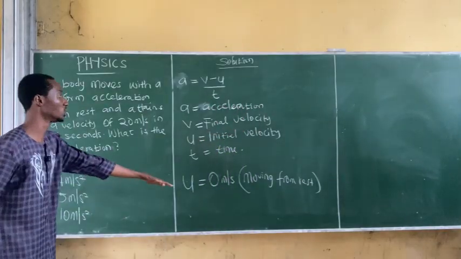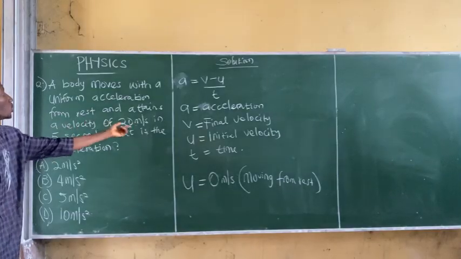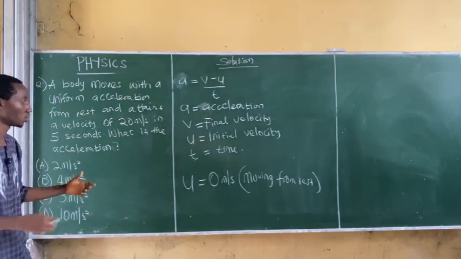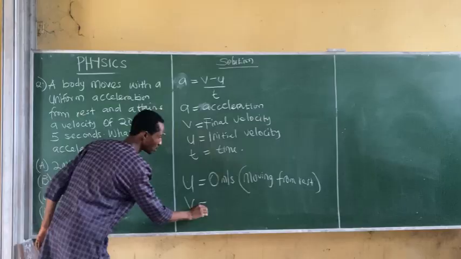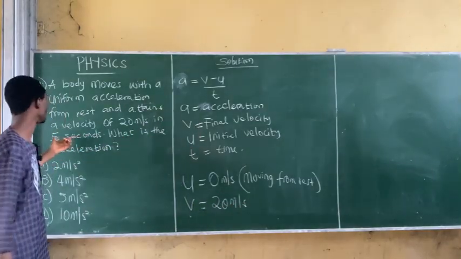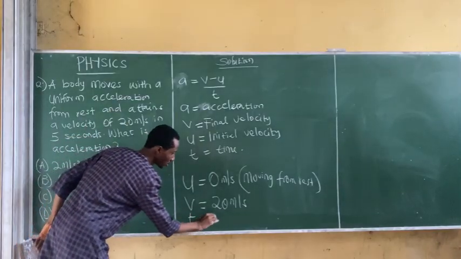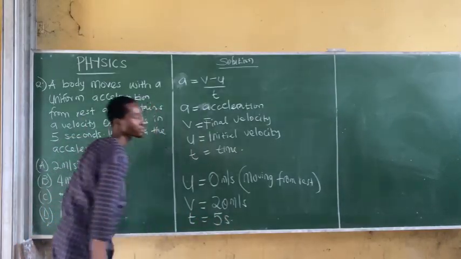It attains a velocity of 20 meters per second in 5 seconds. So the final velocity v is 20 meters per second, and time t is equal to 5 seconds.